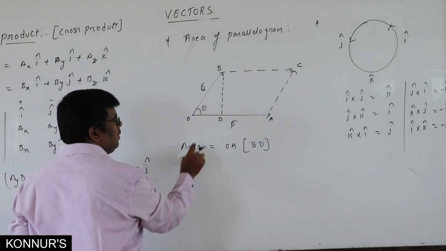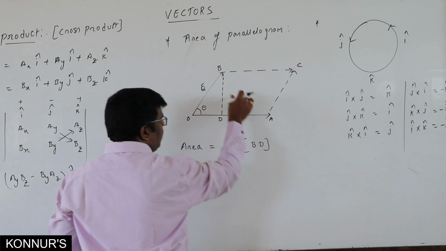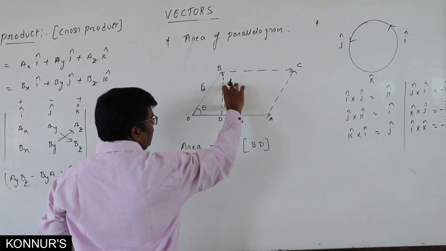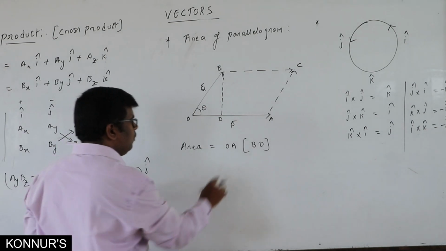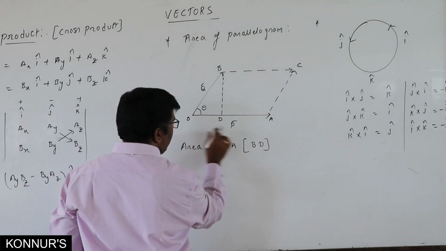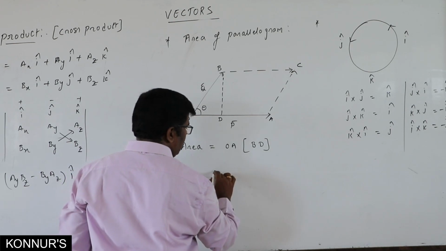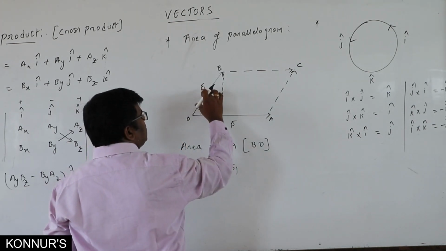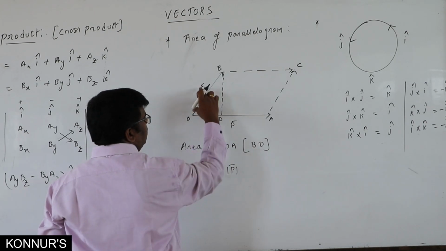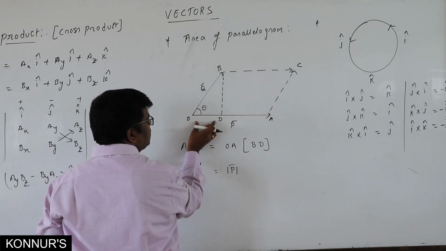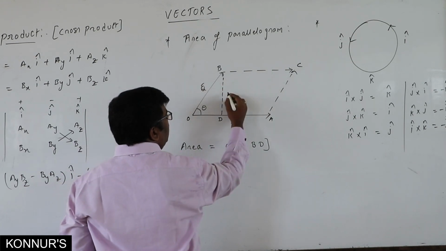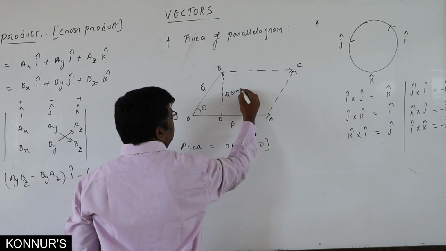This product is nothing but the area of the parallelogram, that is, OA times the perpendicular distance BD between BC and OA. OA is the magnitude of P bar. BD, from the resolution of vectors concept, is the perpendicular component of Q. Along the side it is Q cos theta, but BD is the perpendicular component, which is Q sin theta.